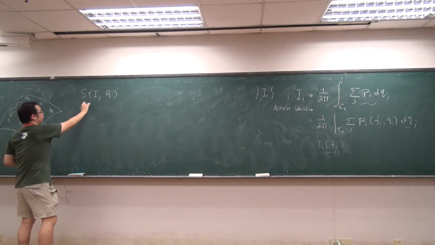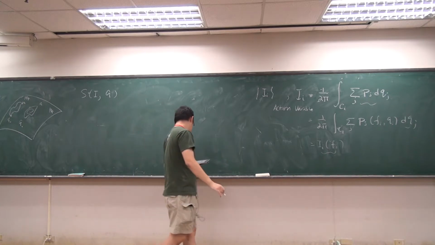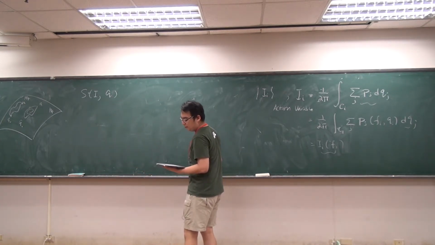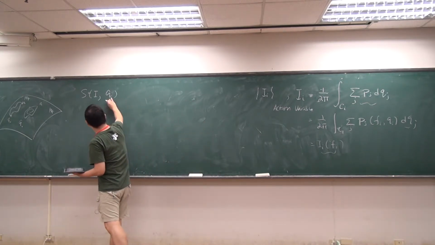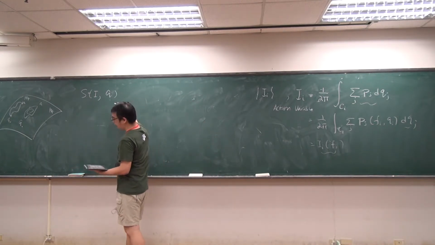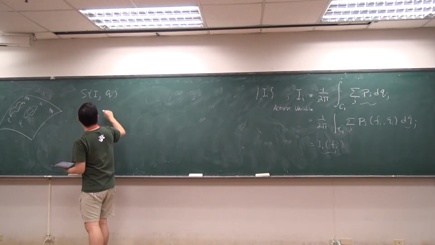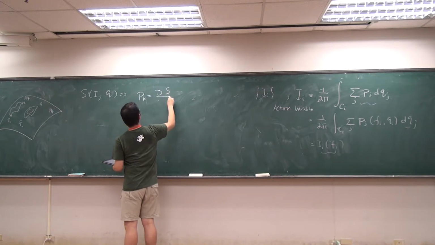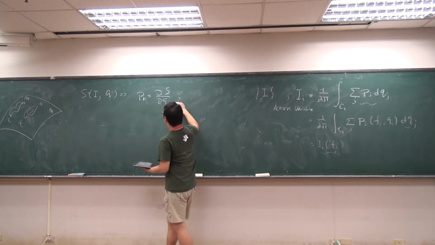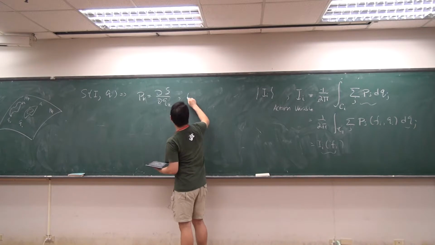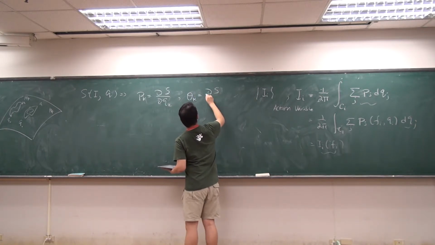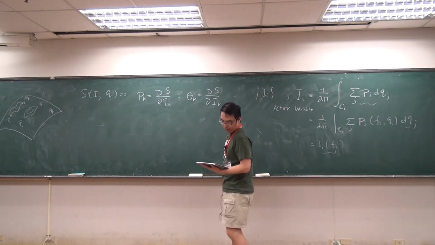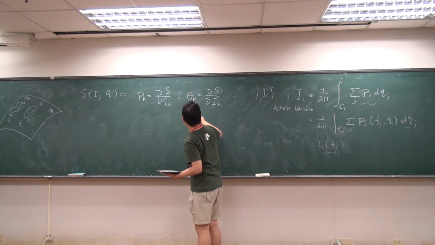We can define a generating function which involves I and your original position coordinate Q, in such a way that the momentum is given by the derivative with respect to Q_k, and there's a dual variable to I_k, which becomes the famous angle variable.